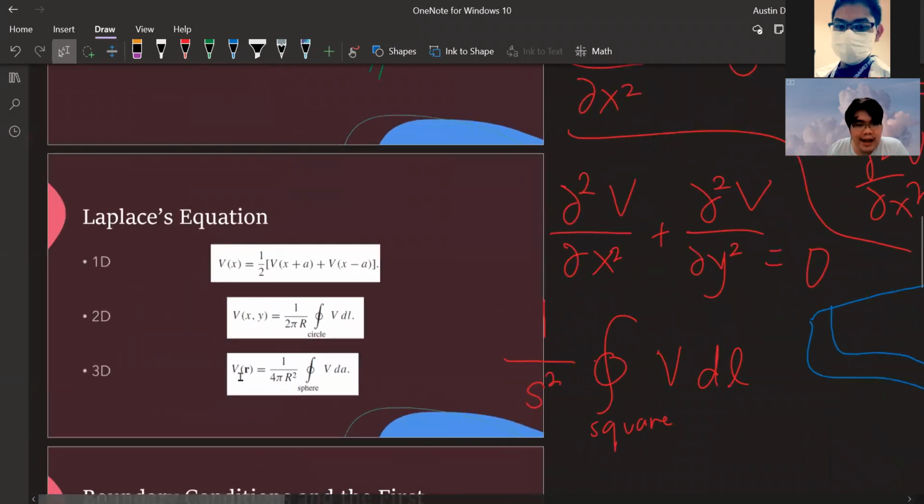So far, ang nangyayari lang, at any point, kinukuha mo lang yung average ng boundaries niya. Okay? So kapag linear, pansin mo, kinukuha mo lang yung average ng potential sa x plus a at x minus a. Then kapag 2D, kinukuha mo ngayon yung average ng circle, yung potential sa circle na yun.